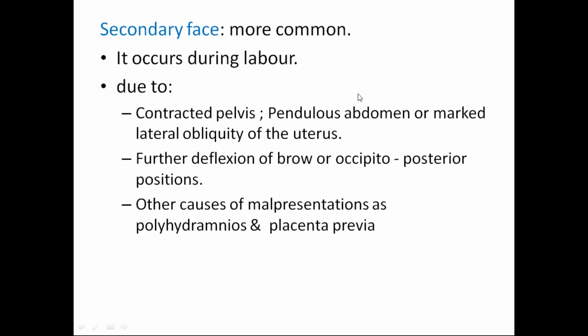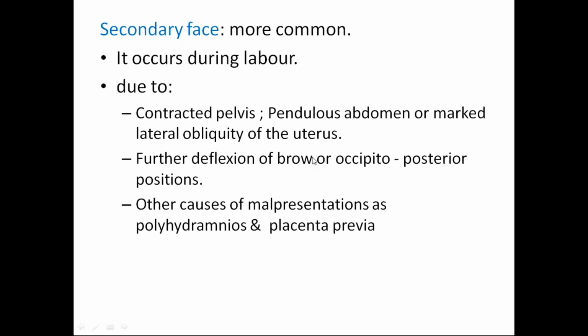So secondary face presentations are more common, which occur during labor because of either contracted pelvis, pendulous abdomen, marked dextrorotation, lateral obliquity of the uterus. Then whenever there is a deflexed head, supposing it's a brow presentation or occipitoposterior position, when the uterus starts contracting, the baby may go in for a secondary face presentation. So brow presentations are usually unstable presentations.